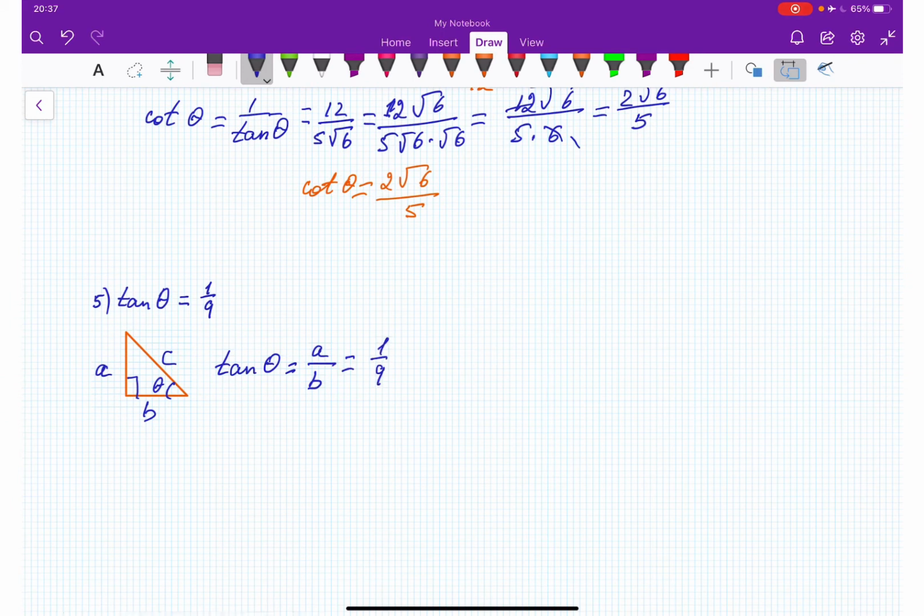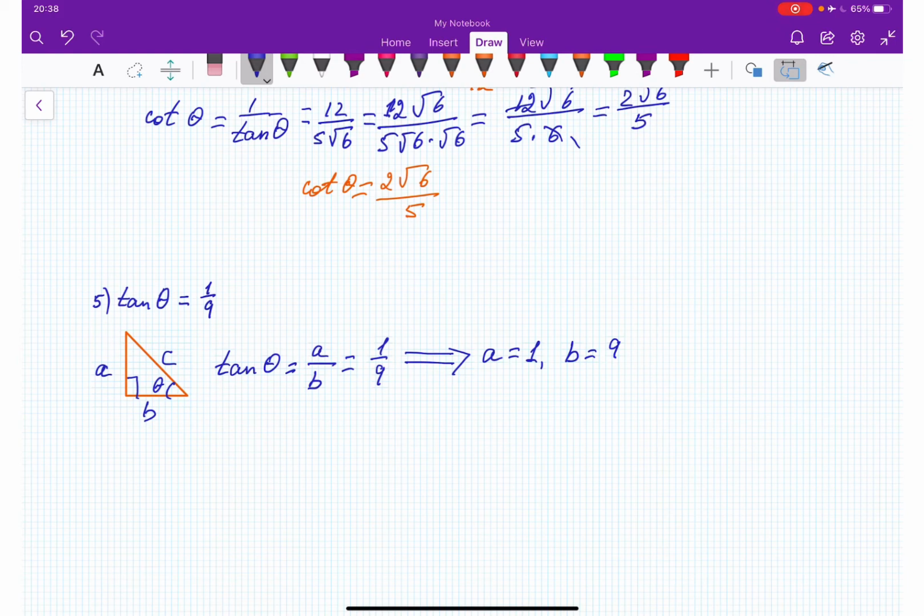So from here I can say that, hence, A is equal to 1 and B is equal to 9.